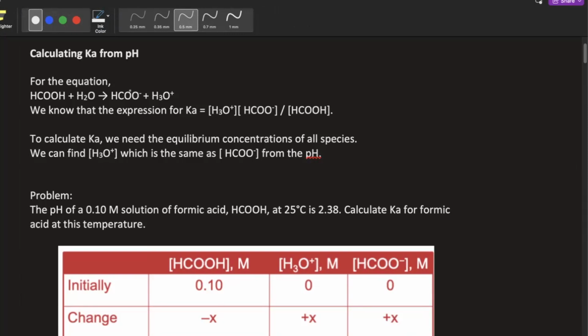We can go back to this equation up here. We can see that for 1 mole of HCOO negative, there is 1 mole of H3O positive. So we can essentially deduce that both of these are going to be the same value. So they're both going to be X.